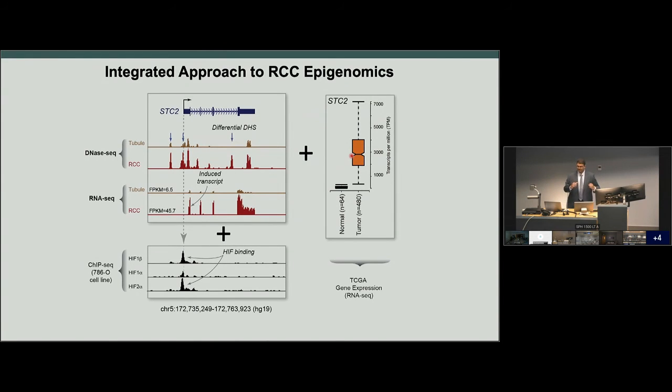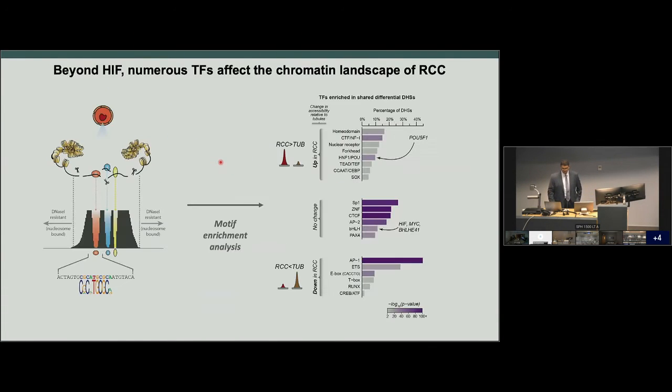So we took this approach to say, let's look at these hypersensitive sites or enhancers that are showing differential activity between tubule and cancer in either direction. Can we understand something about the transcriptional regulation of this cancer that goes beyond the canonical hypoxia signaling information?